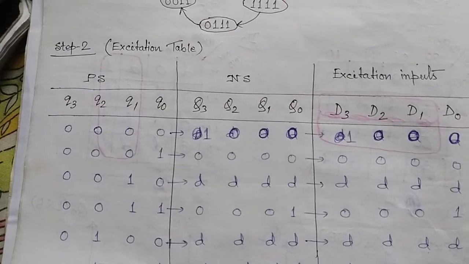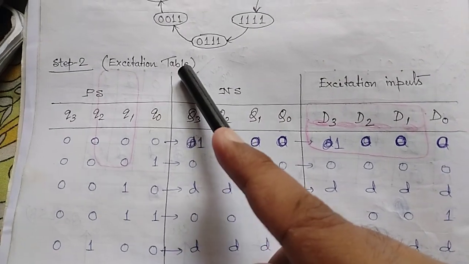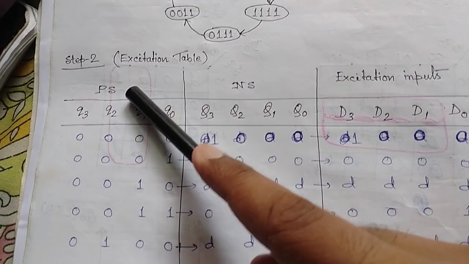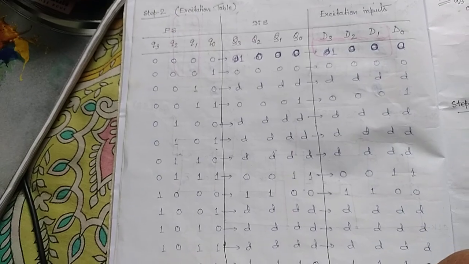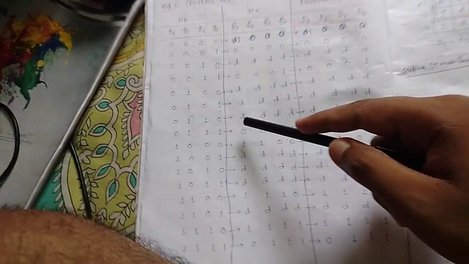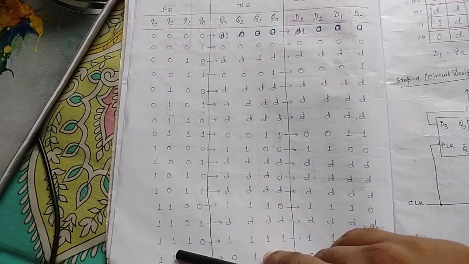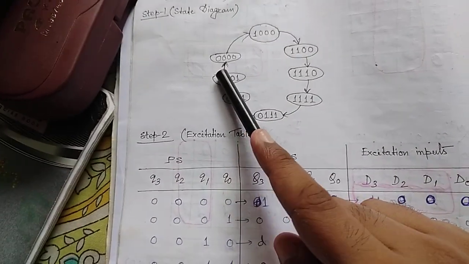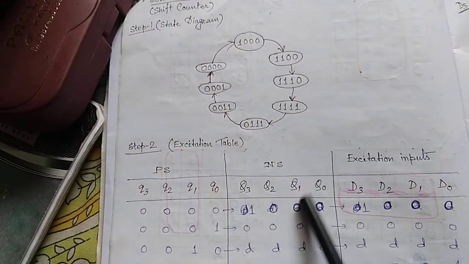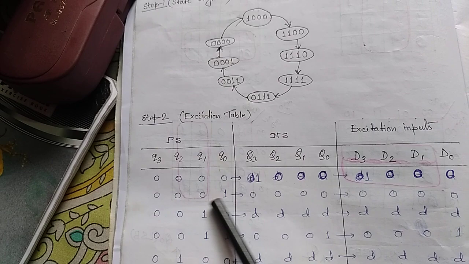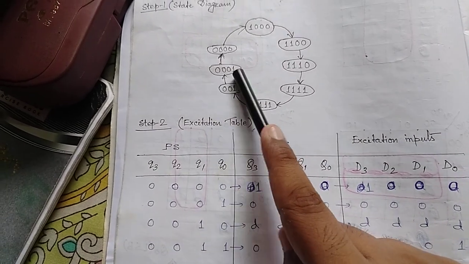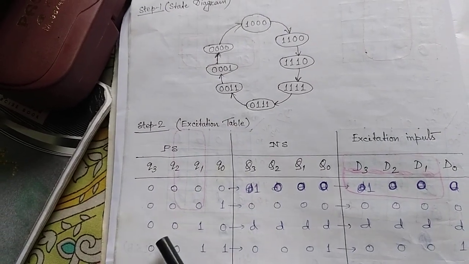Now again the same process. In step 2 there is the excitation table, you have to fill up the present state, that is 16 combinations. After all the 16 combinations are done, you have to put the values in the next state. So 0 0 0 0, all 4 zeros, then 1 0 0 0 goes to 1 1 0 0, and so on, down to 0 0 0 1, which goes to all zeros.